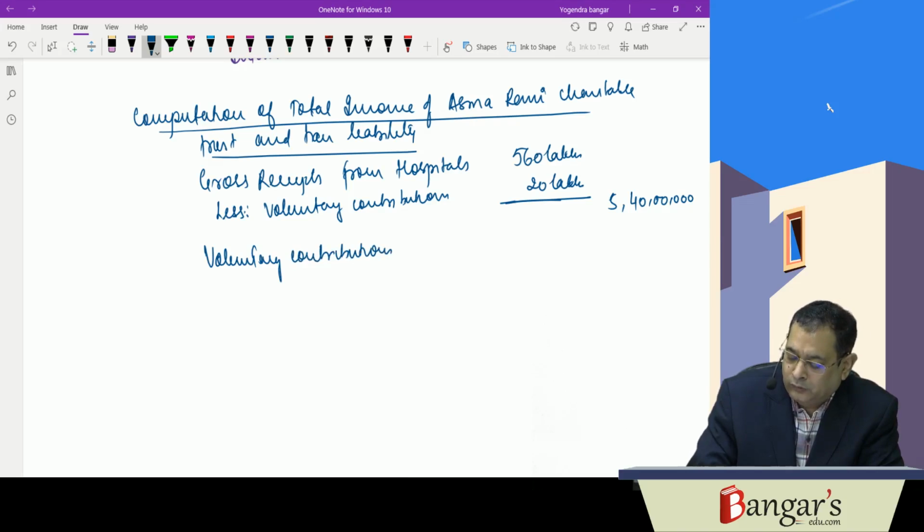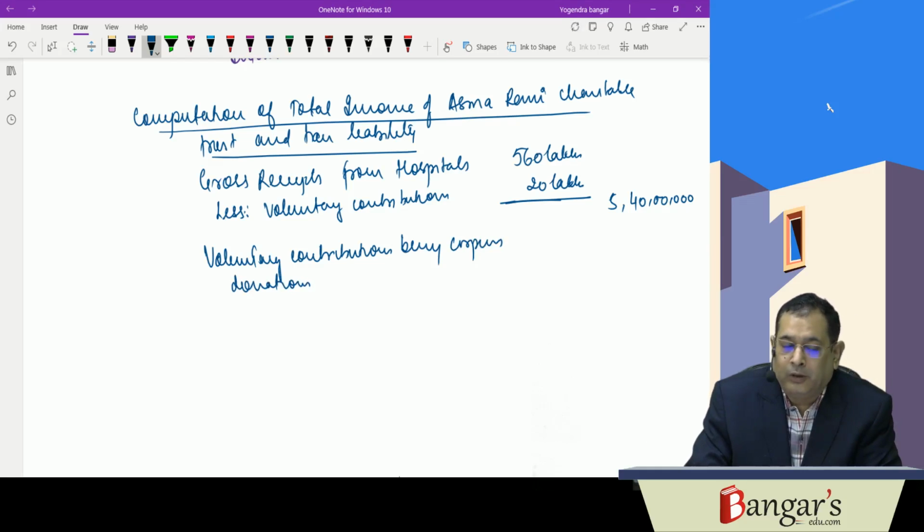Voluntary contributions being corpus donations are exempt.